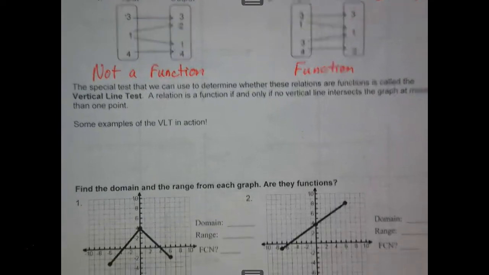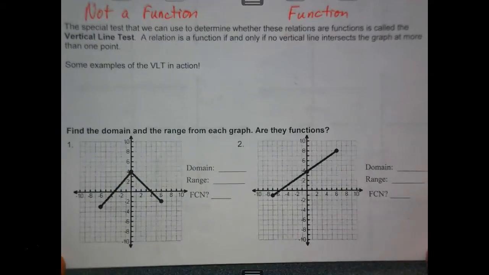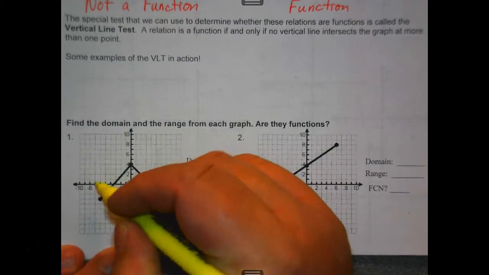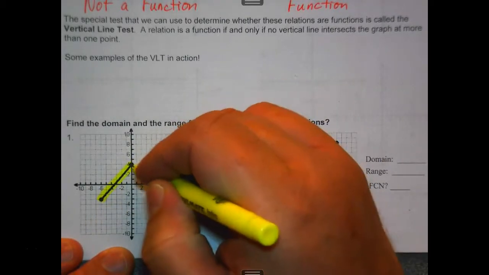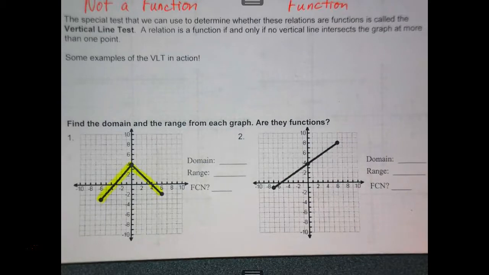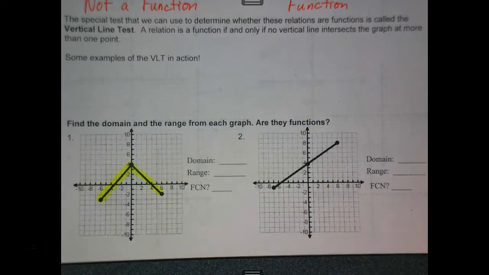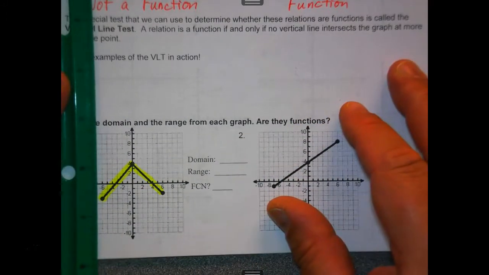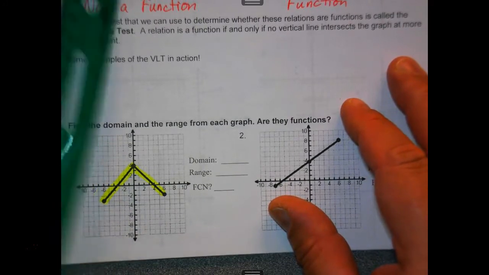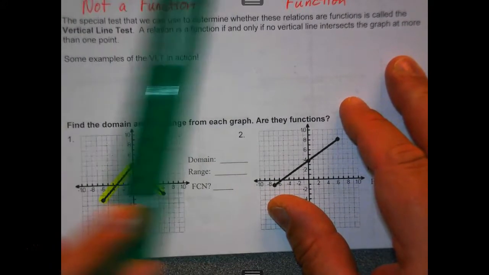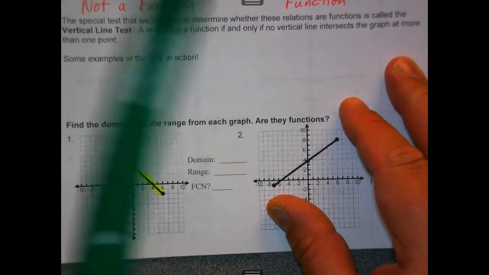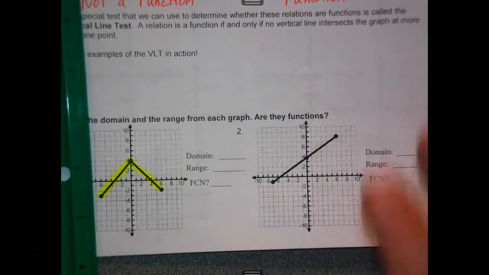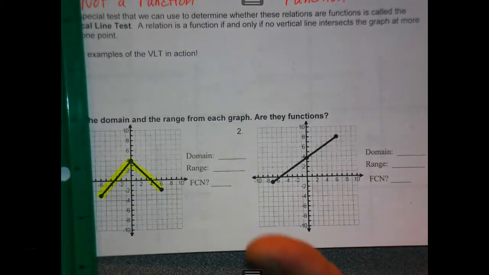Okay, this is the vertical line test. If I take a vertical line and go left to right, and it crosses my graph at more than 1 point, it is not a function.